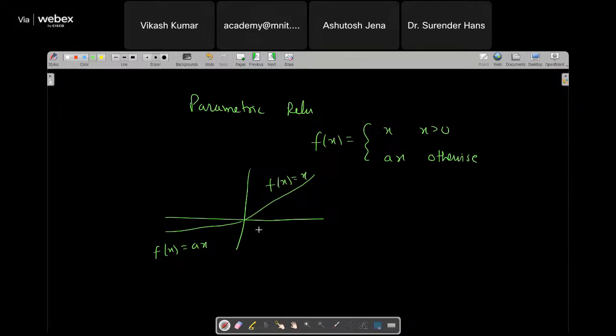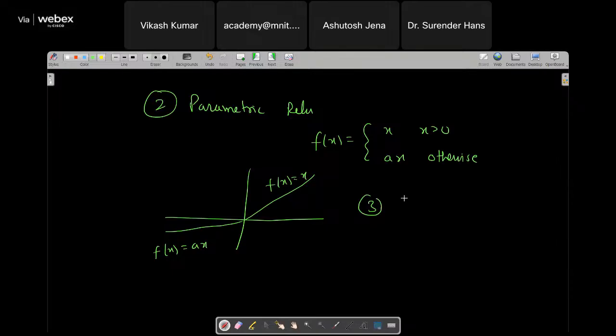That's the hyperparameter. You can take the value of a as 0.01, or 0.02, or 0.1, up to the application. Okay, correct. So the second one is parametric ReLU.